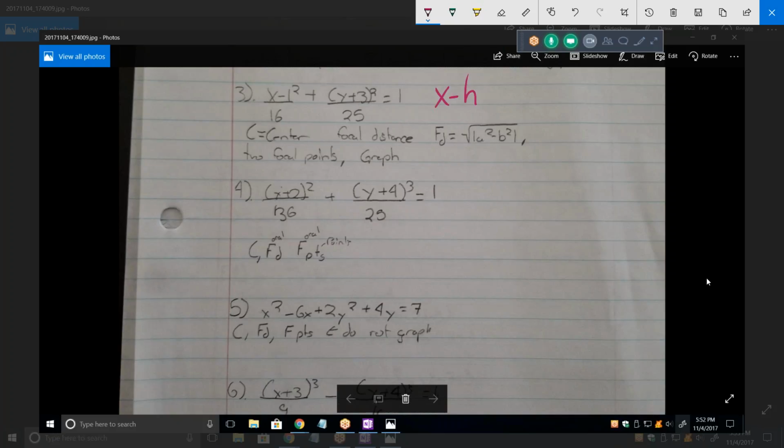Well, it's quite similar to a circle. I had to give you this one to start with. Yeah, probably. Well, there's a reason why I said that.